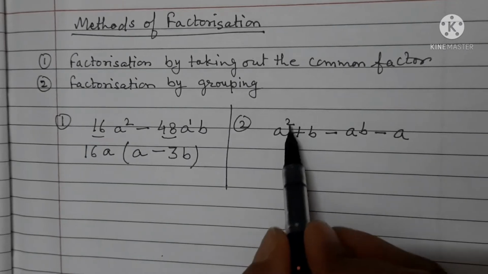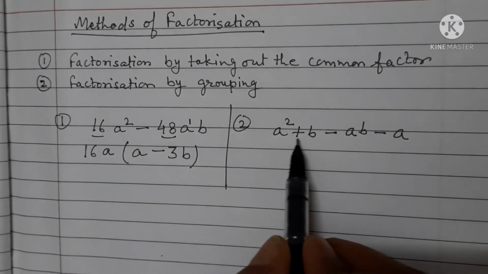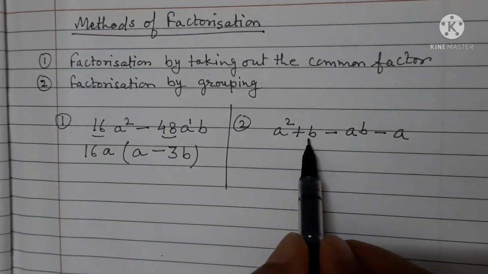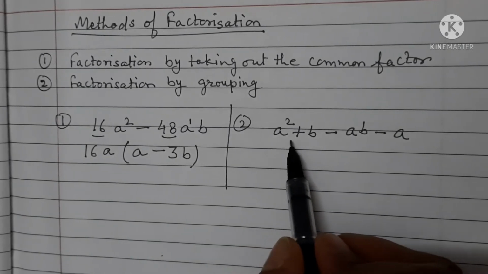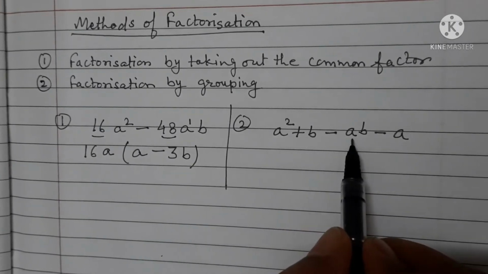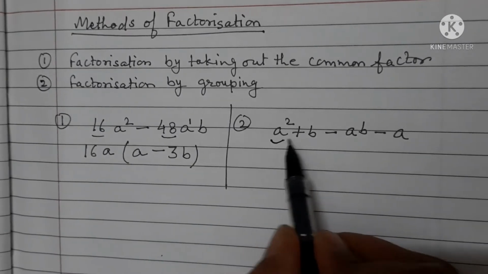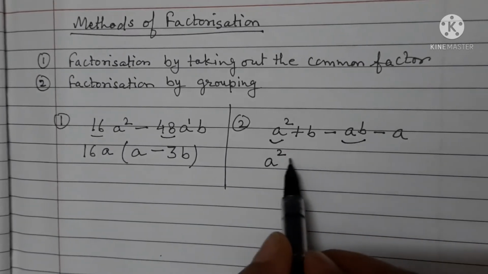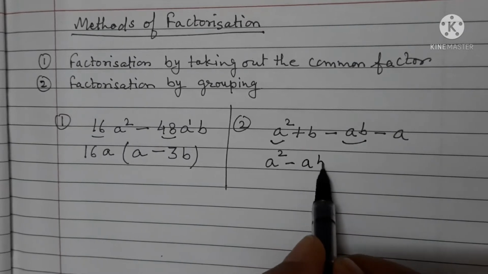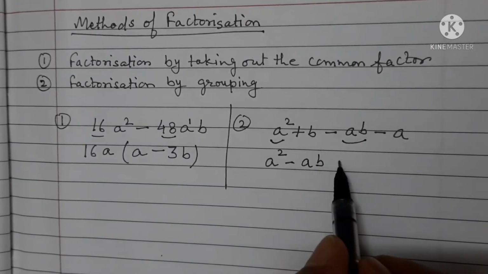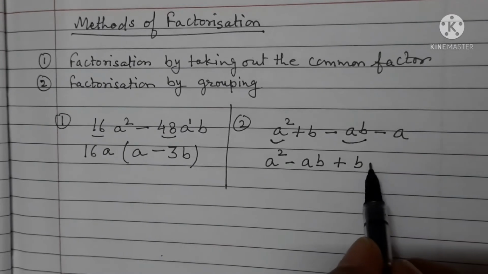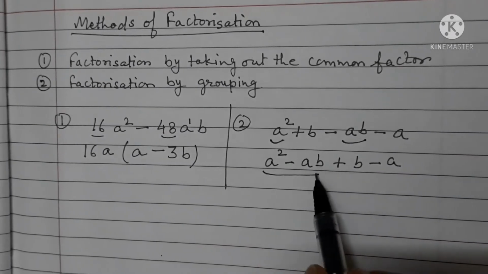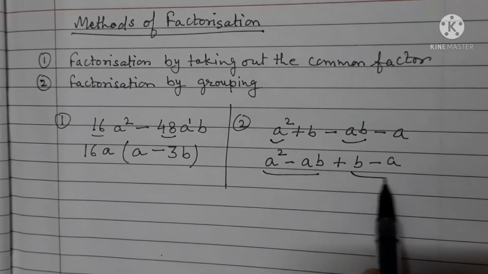Make the groups. Here a square, b. You can't take any common factor from these two terms. So take another pair. Suppose you make a group with a square and minus ab. So write these two terms together, a square minus ab, and next plus b, and here minus a. So make these two groups, one is a square minus ab and second is b minus a.